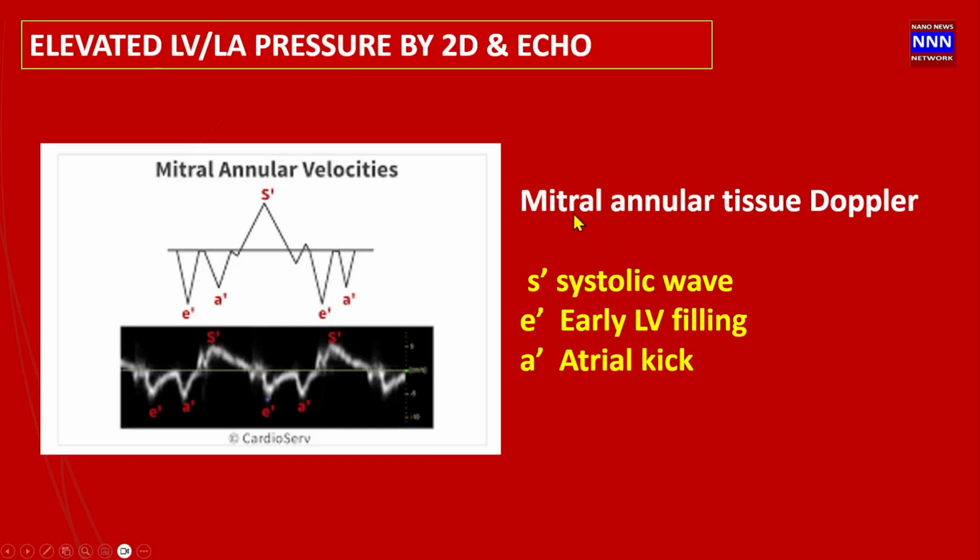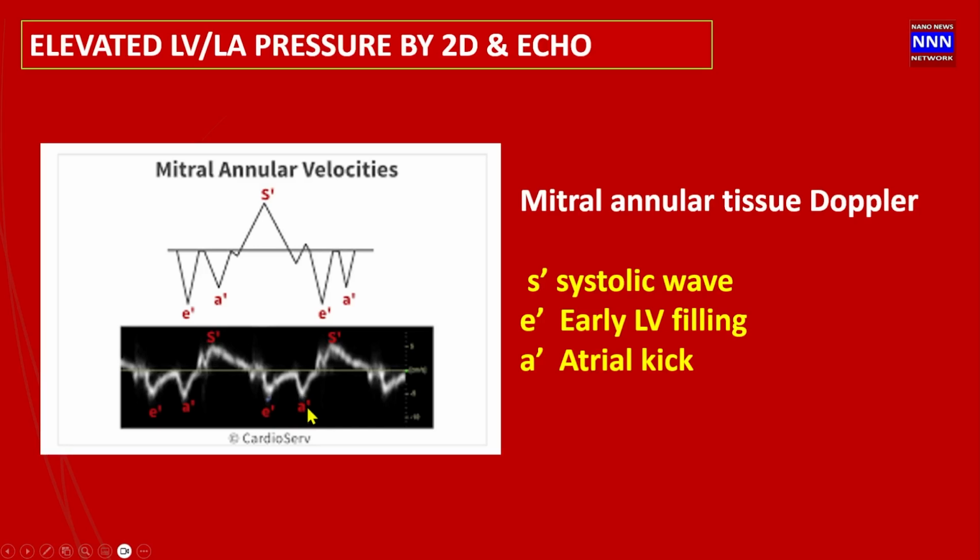Similarly, we look at the mitral annular tissue Doppler. There are various different waves which we need to be familiar with. The S wave is caused by the systolic motion of the mitral annulus during systole. The E wave is related to the early left ventricular filling, and the A wave is related to the atrial kick.